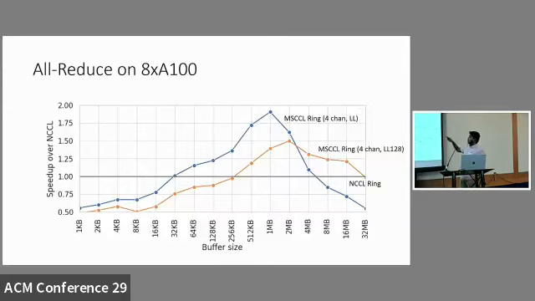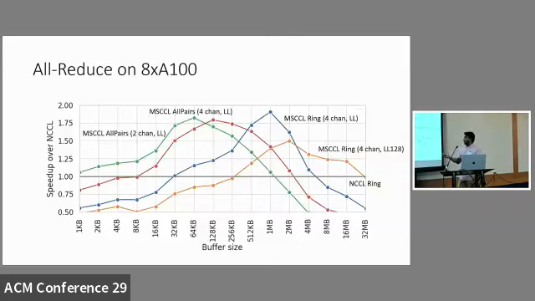What you see are 2 lines, a blue line and an orange line, for different implementation choices. The important thing is that by making these choices very quickly, you can come up with communication kernels that outperform NCCL for different buffer sizes. This is for a given algorithm making different implementation choices. We can also implement other communication algorithms.